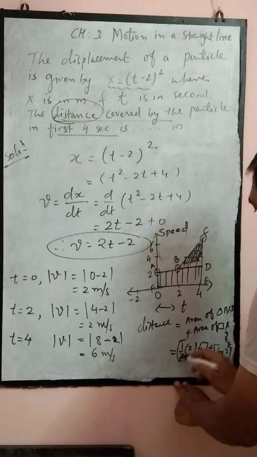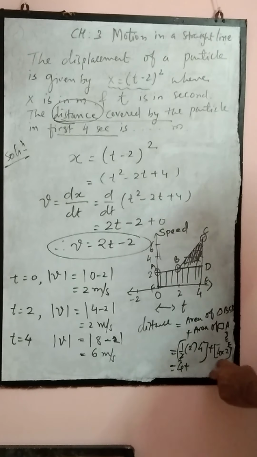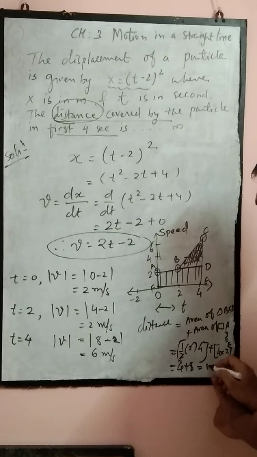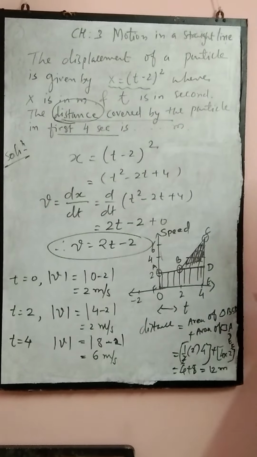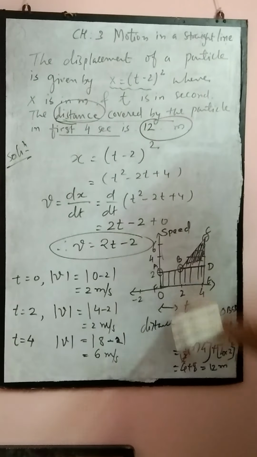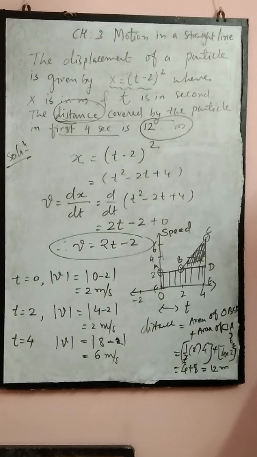Now the 2 gets cancelled out, what will we get? 4. 4 plus 4 times 2, 8. That means the distance covered will be 12 meter in the first 4 seconds. So the answer is 12 meter, which is to be found in this manner, right?